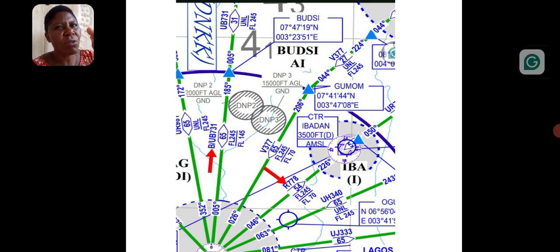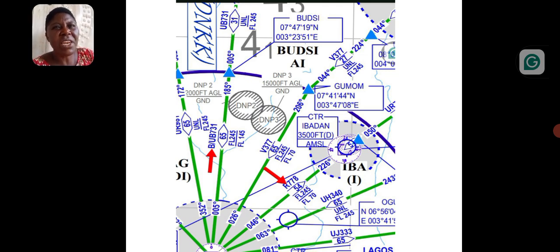For pilots to avoid collision in the air, or aircraft, what they call traffic or air collision in the space, the pilot has to fly on an odd number so that the one coming from the east will fly on an even number.